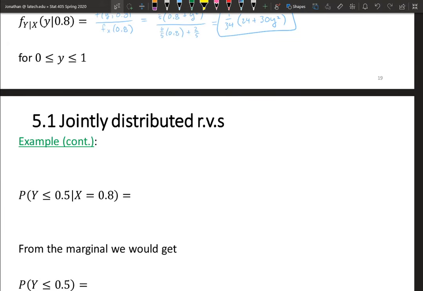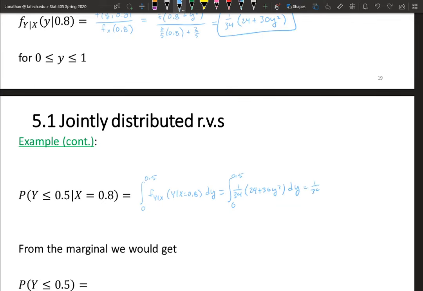Now, what's the probability that Y is less than or equal to 0.5 given that X is 0.8? Well, that's just going to be the integral from 0 to 0.5 of our conditional PDF of Y given that X equals 0.8, dy, which means we just integrate from 0 to 0.5 the PDF 1 over 34 times 24 plus 30 Y squared dy.